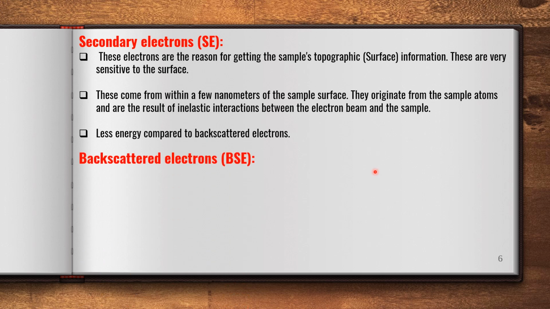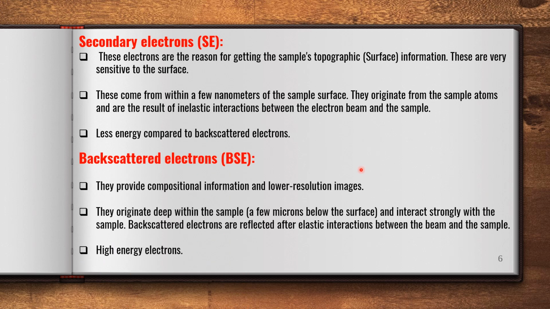Then obviously the backscattered electrons are high energy compared to the secondary electrons, and they provide compositional information and low resolution images. Whereas the secondary electrons give completely surface information with high resolution. So in SEM, we mostly depend on secondary electron collection. The backscattered electrons originate deep within the sample.